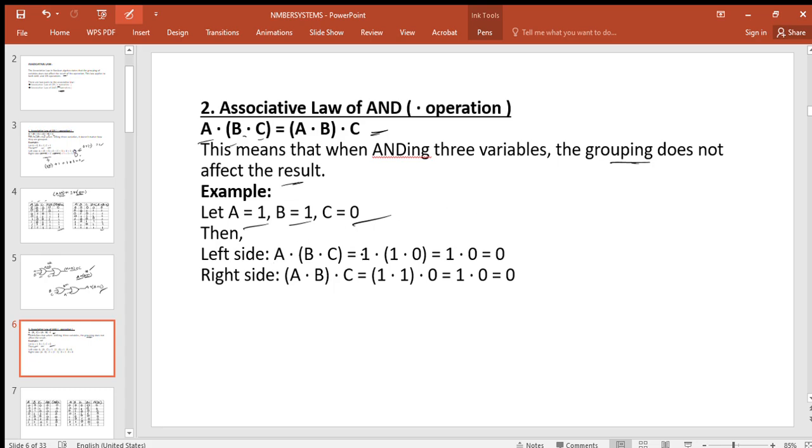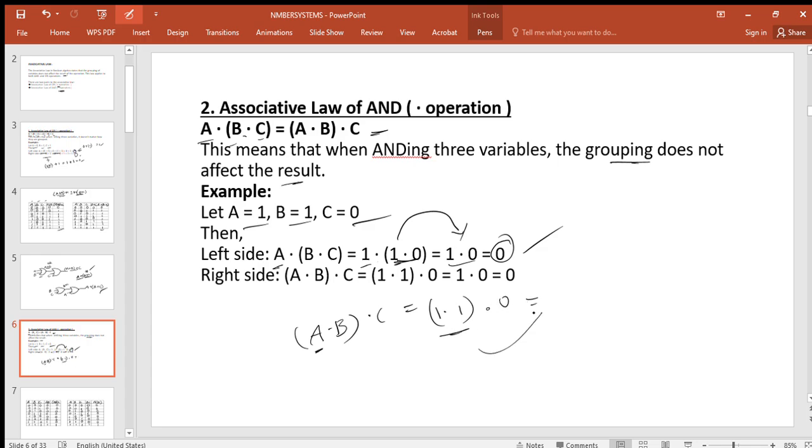A into (B into C). A is 1, into B into C means 1 into 0. So 1 into 0 is equal to 0. The second equation is (A into B) into C. That is, A means 1 into B means 1, into C means 0.